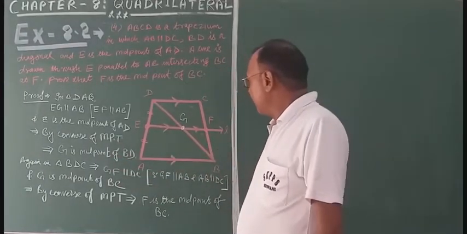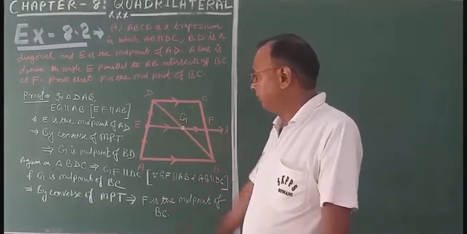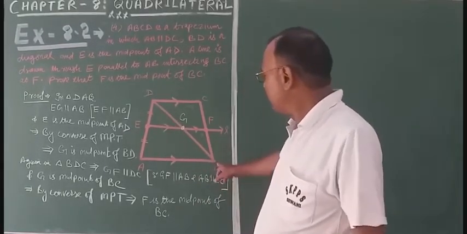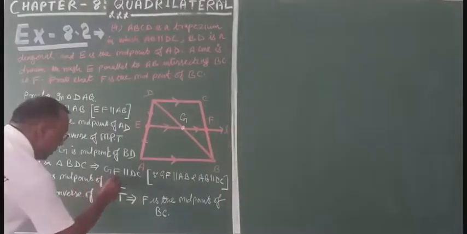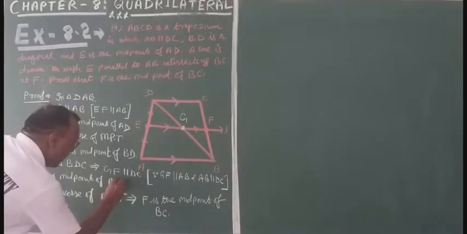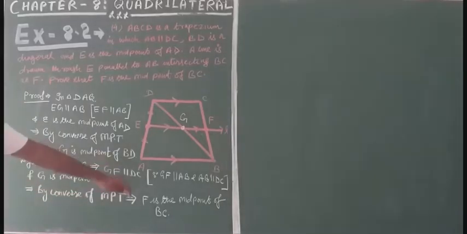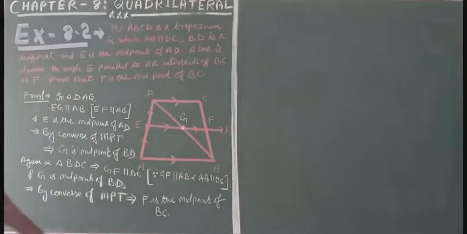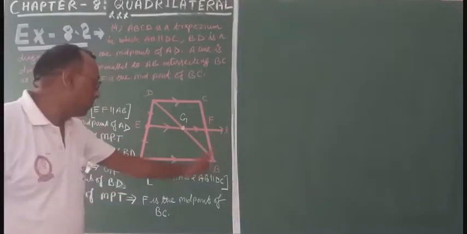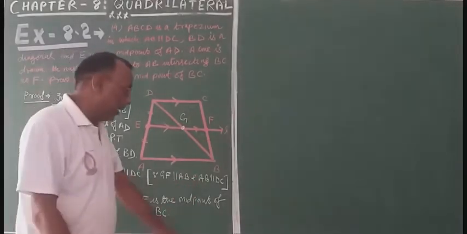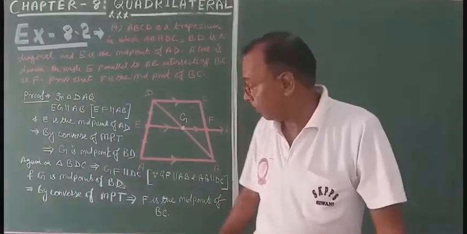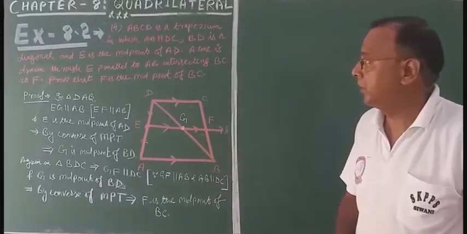In this triangle, G is the midpoint of the diagonal BD. Therefore, by the converse of the midpoint theorem, F will be the midpoint of BC. Is it okay?